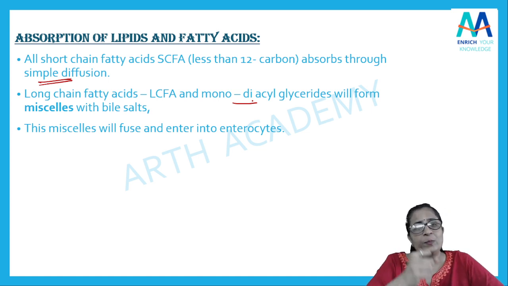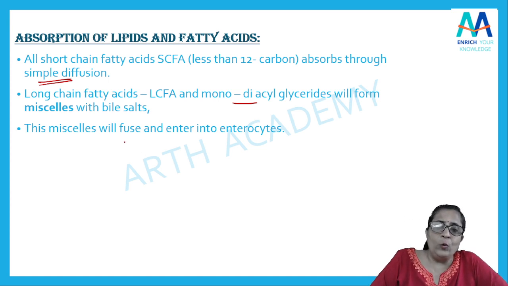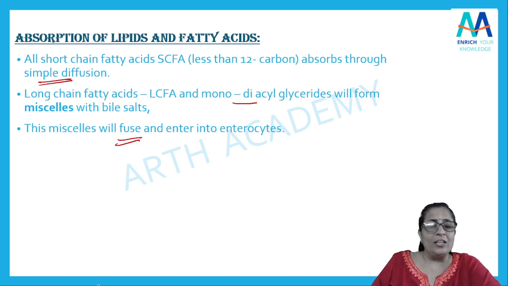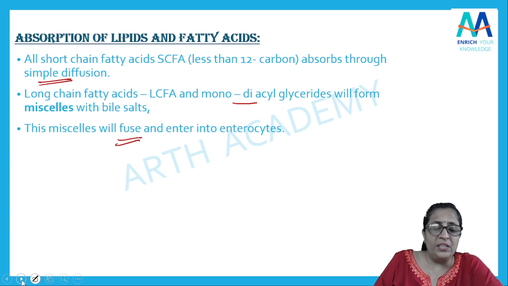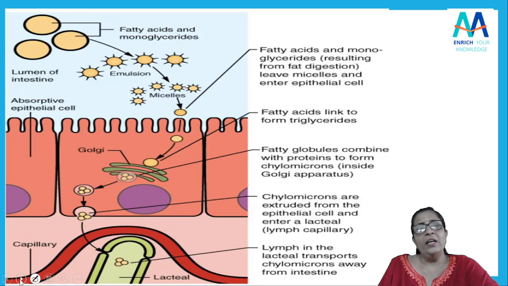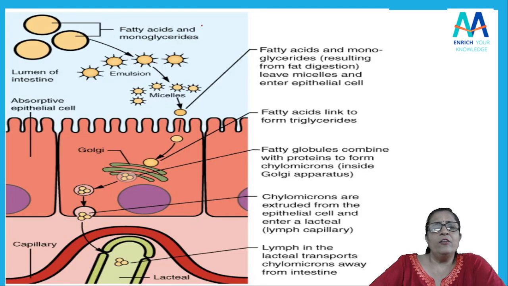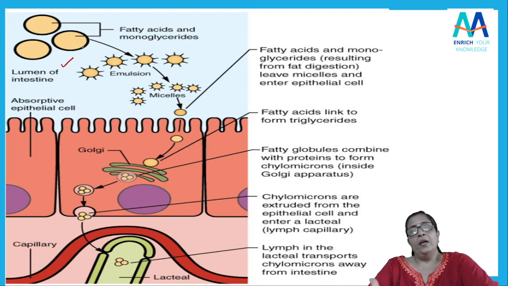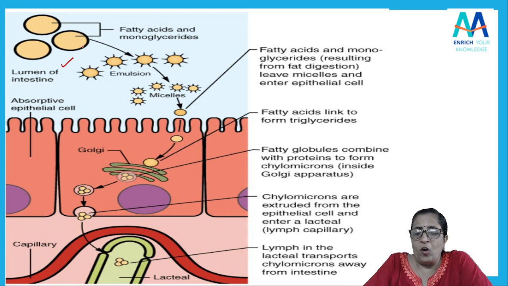Now this micelle will fuse and enter into the enterocyte. That means with what will they enter? They will form the micelle and then enter into the enterocyte. You can see fatty acids and monoglycerides are there, right? These are in the form of long chain fatty acids.